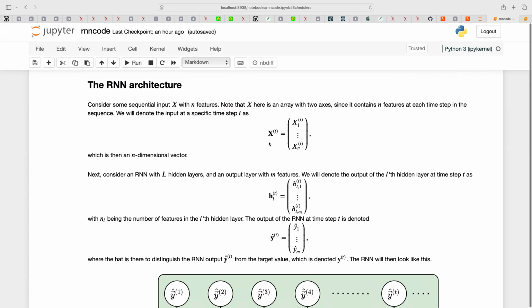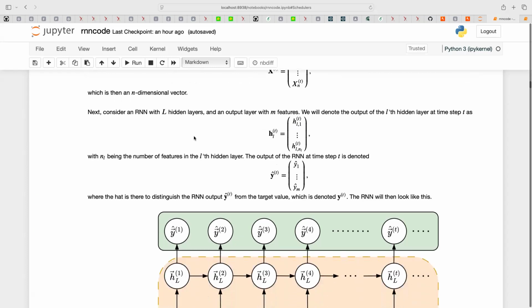You will see some sequential input with some given features, which is going to be represented by different time steps. So you have a time step t here, and this can be a vector or it can just be a scalar input. That depends on the type of probe which you have. In principle, this is just a vector with some specific features.